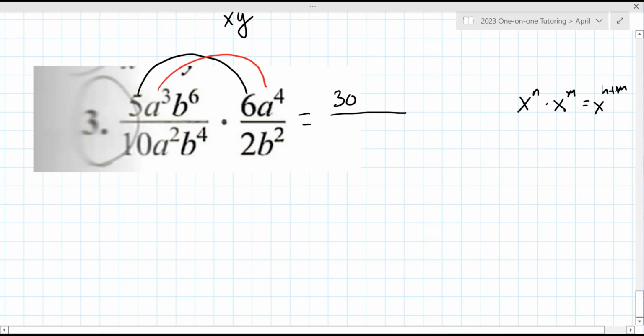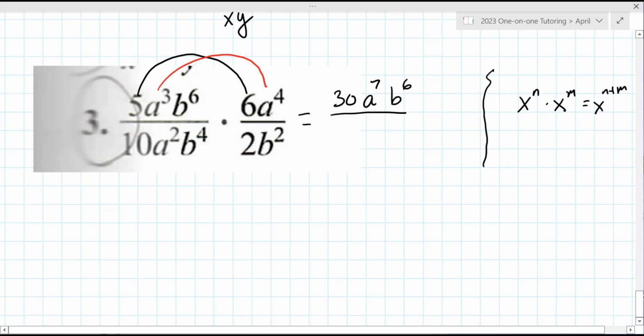You're going to add the exponents. Becomes a to the 7th. There's nothing to go with b, okay? So it just comes along. So again, you multiply the numbers. The letters that are the same, you keep the letter, but then you add the exponent. 3 and 4 go to 7. B doesn't have anything to go with, so it stays there.